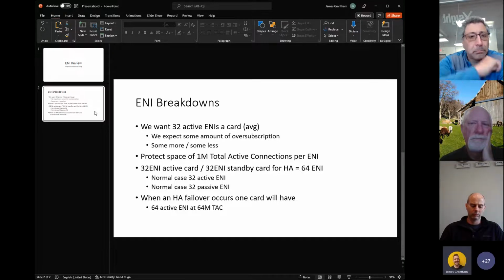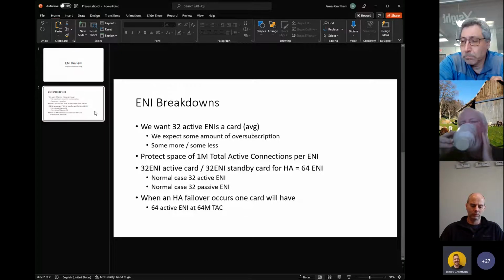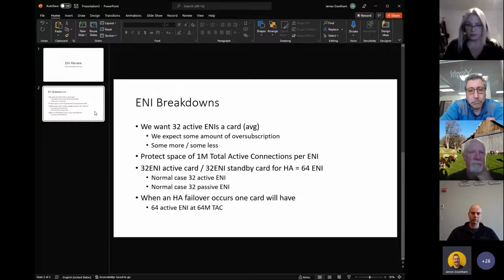And so when we say we want to protect the space of 1 million total active connections per ENI, the implication is that the way that we run high availability, we do something called partner replication. You would have one card that's active that always has a partner that it's talking to that's also active, but each card is a standby for each other.